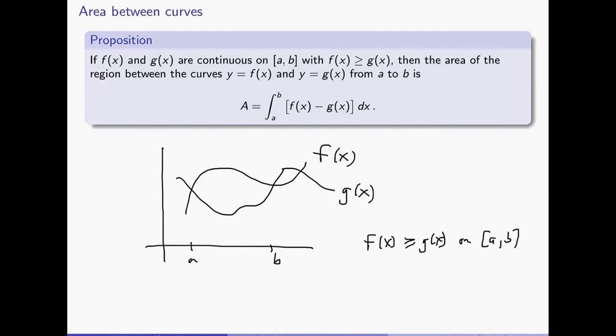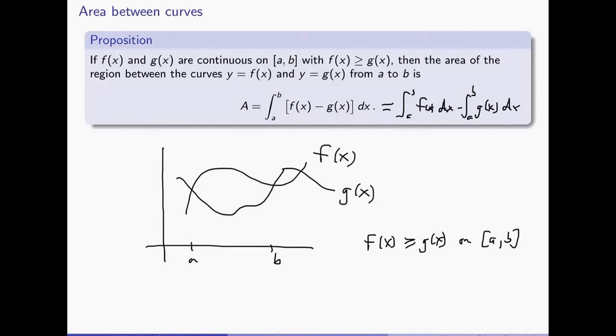So for this integral right here, if you want to, you can write it as the integral from a to b of f of x dx minus the integral from a to b of g of x dx.